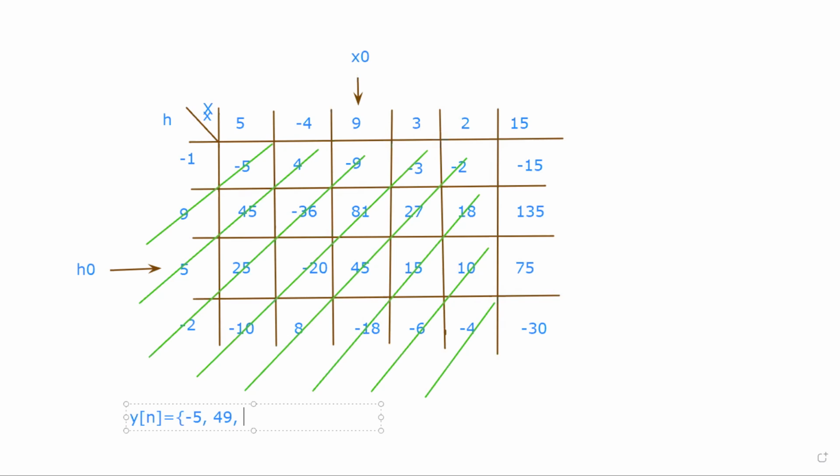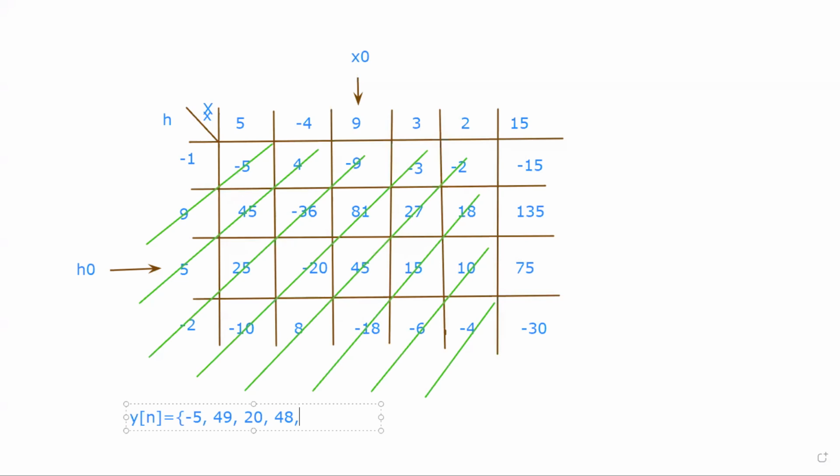Next one, minus 36 and minus 9, minus 45 plus 25 is 20. Here's our next one, minus 3 and 81 is 78. Minus 20 would be 58, minus 10 would be 48.